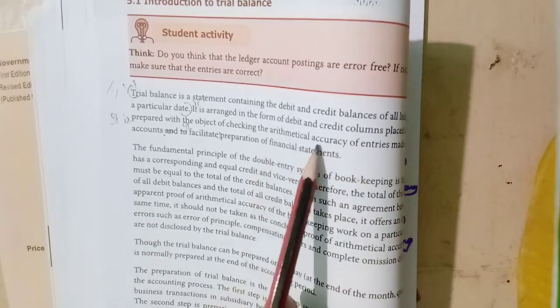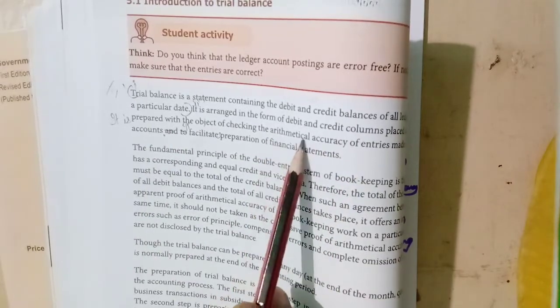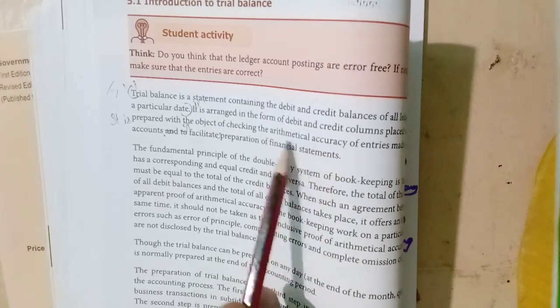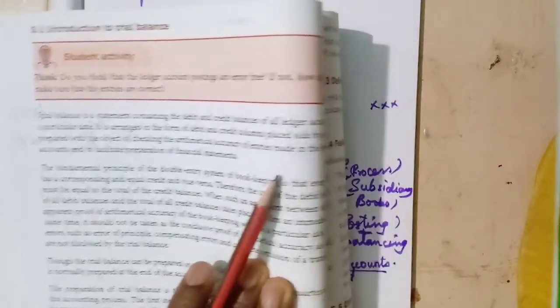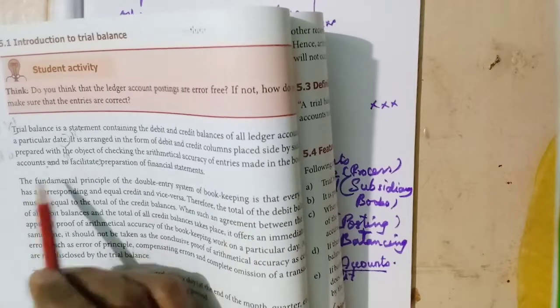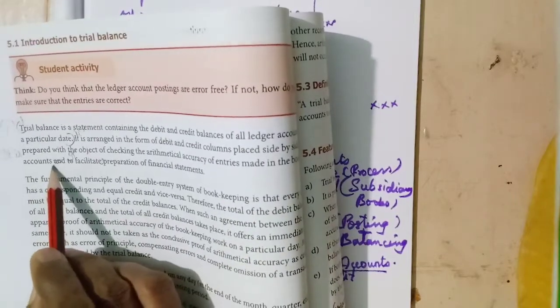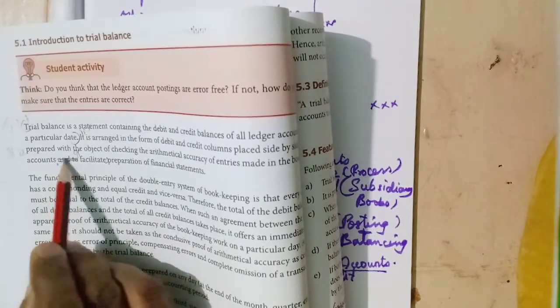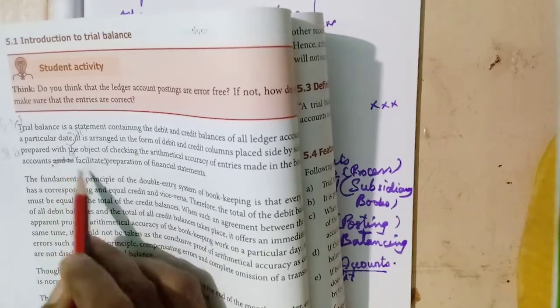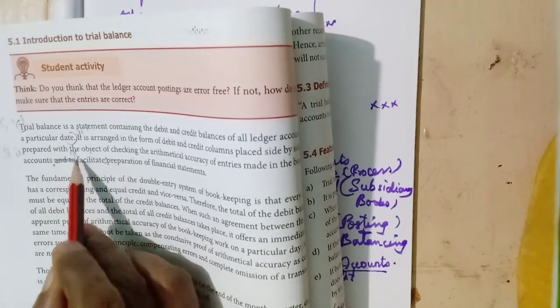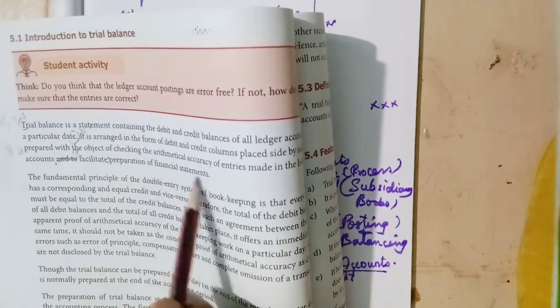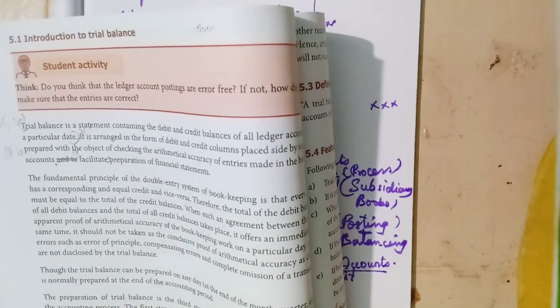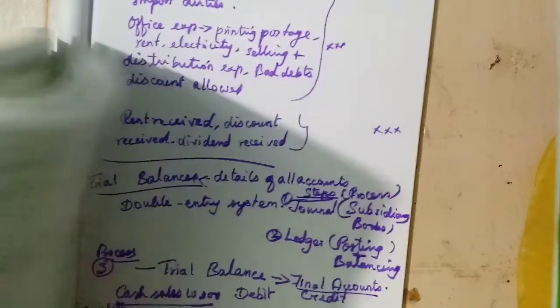That means whether the addition, subtraction, everything is correct. That is the arithmetical accuracy of entries made in the books of accounts. That is the third point. Then write, it facilitates the preparation of financial statements. That we can mark, 3 to 4 points.